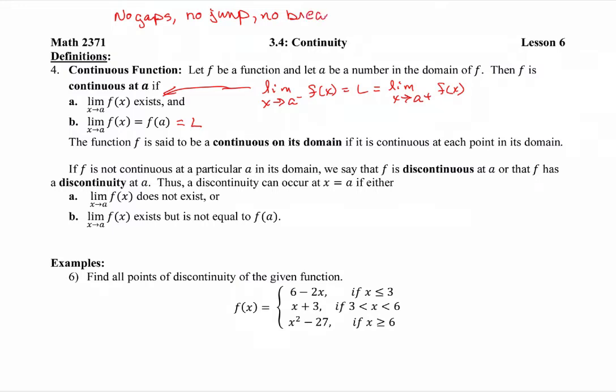A non-mathematical way is that if you put your pencil on the graph, you can draw the graph without lifting your pencil. Okay? A function is said to be discontinuous if there exist gaps, jumps, or breaks, if the limit does not exist, or if the function value at the limit is different.